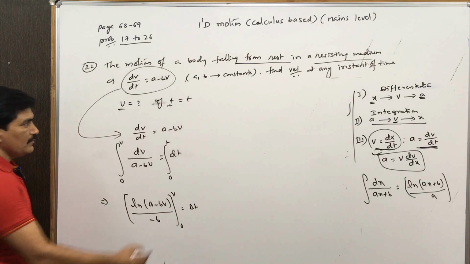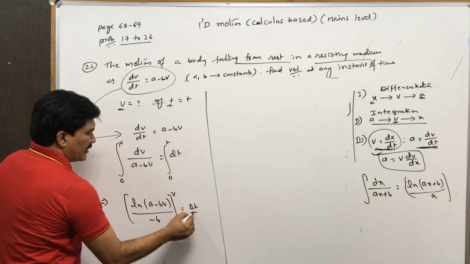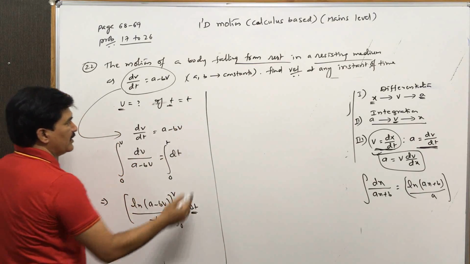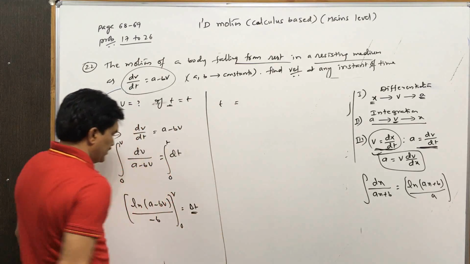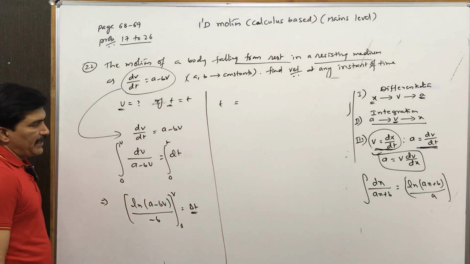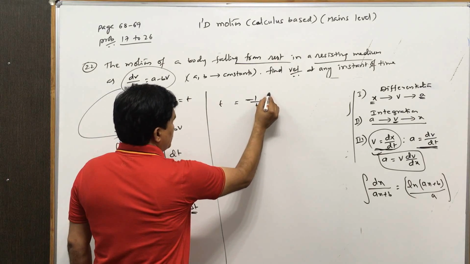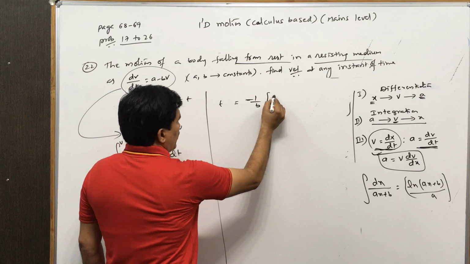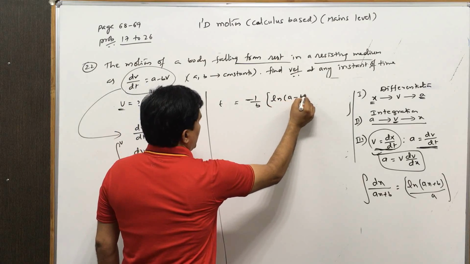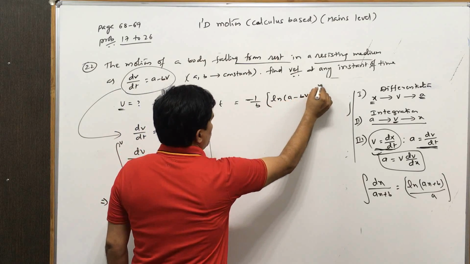Then here delta t is nothing but t minus 0, that is equal to t, which is equal to, here I can take minus b out, then minus 1 by b times log of a minus bv, 0 to v.